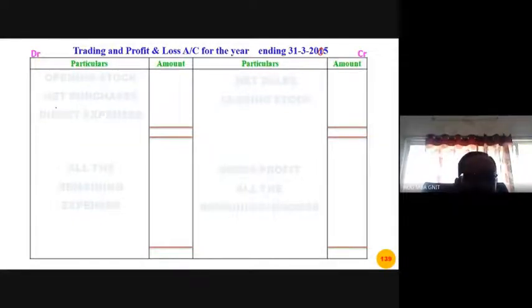So leave some space here for opening stock and net purchases. Then you write to wages in the inner column, 10,000. To wages 10,000.